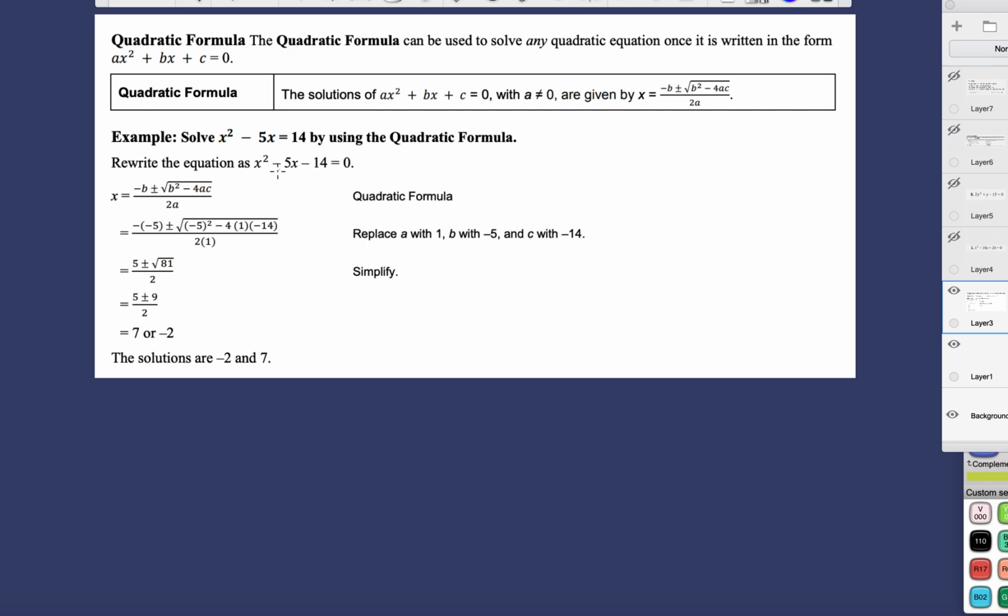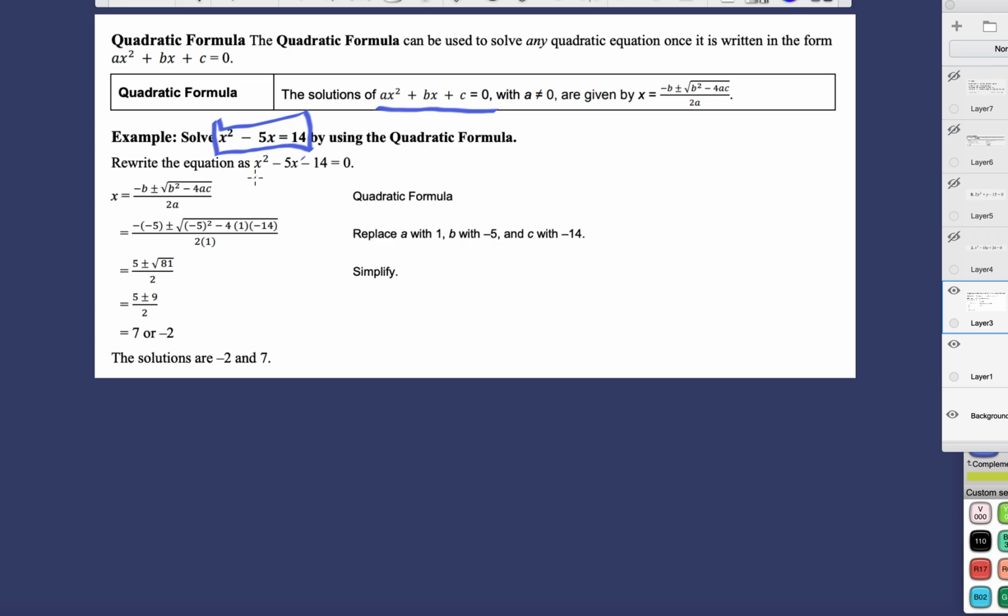Step one, when we want to solve using the quadratic formula, we have to take this original, x squared minus 5x equals 14, and rewrite it in this form up here. So they subtracted 14 from both sides so we can get this equaling 0.